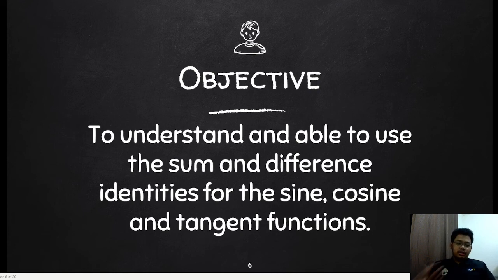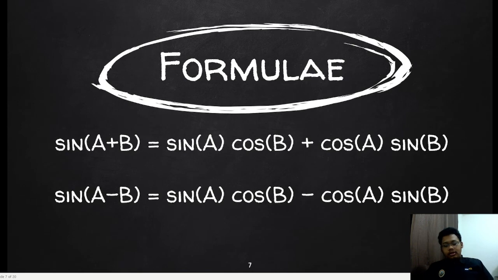So today's lesson is about when the angle is being added, for certain trigonometry functions like sine, cosine, tangent. So what will the calculation be? So here's some formula. Alright, for this formula, you don't need to memorize it.